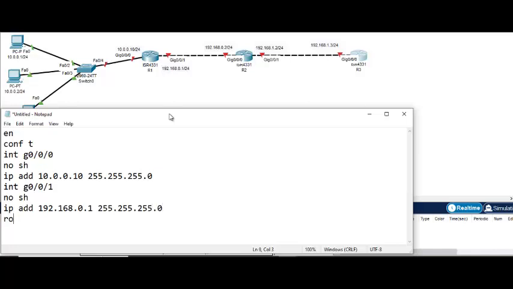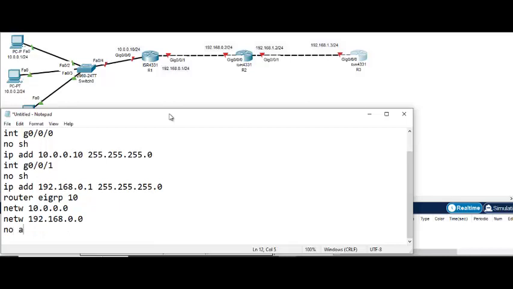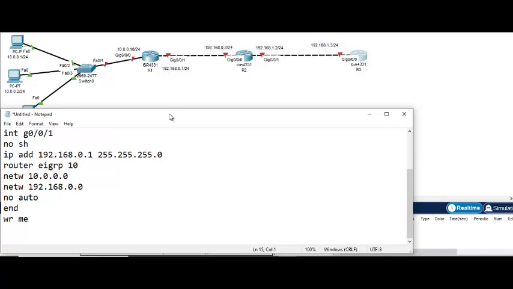You want EIGRP, right? Router EIGRP 10, network 10.0.0.0, network 192.168.0.0. That's all.